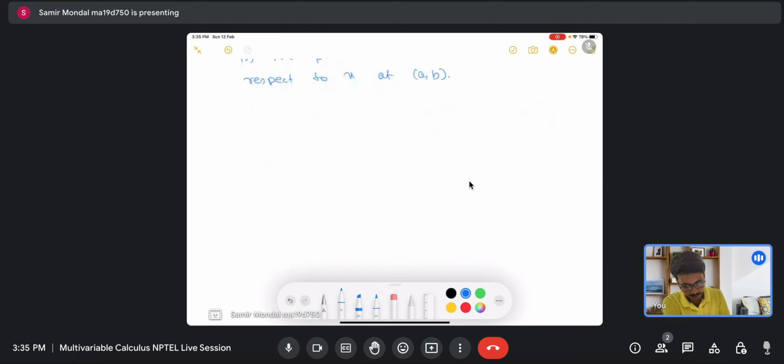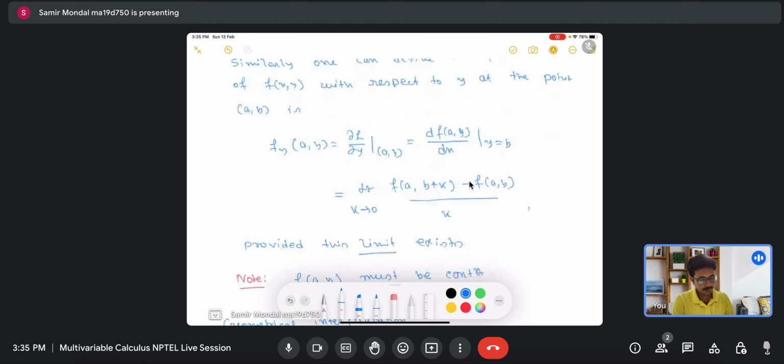Here we have defined two definitions. One definition is in the limiting sense. In the other definition we plug in one variable and after that differentiate. Suppose here, sorry, this will be y, we need the partial derivative with respect to y.